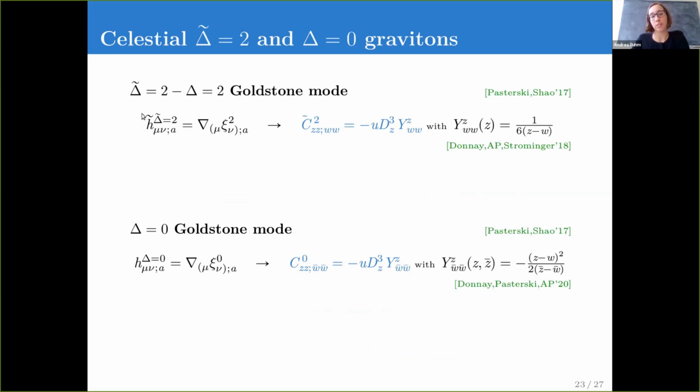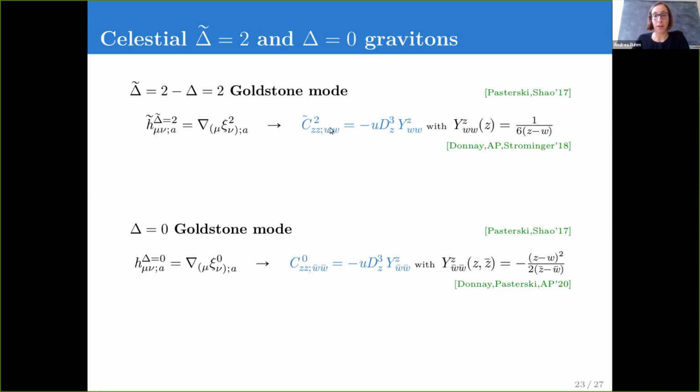Now for this shadow primary of dimension 2, we have a diffeomorphism Xi2, which at the boundary gives rise to a shift in the physical state, which is given by this expression, where this vector field Y(z) is a holomorphic function 1 over z minus w, which I gave here for a positive helicity graviton, as denoted by w.